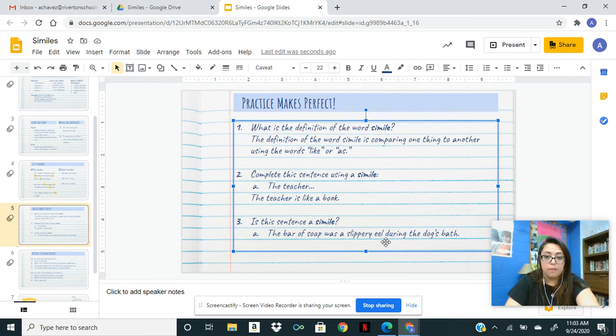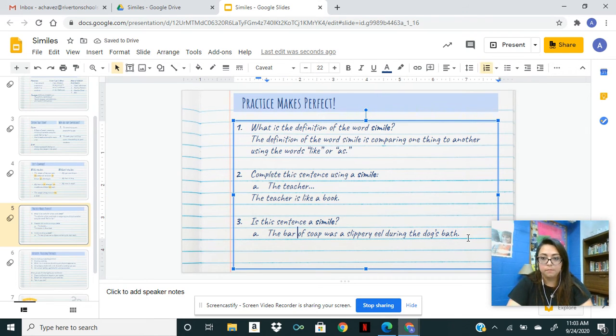And then our third question is, is this sentence a simile? So let's look. The bar of soap was a slippery eel during the dog's bath. Now, I know from our definition that a simile is comparing two things using like or as.